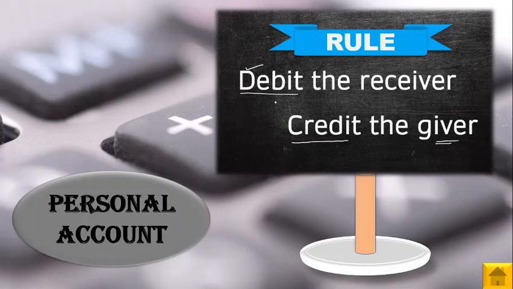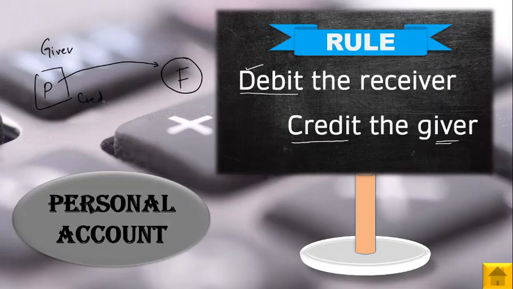So here again, remember always that we always see from the firm's point of view. There are two categories here. One is a firm, another is a person. So if I say this firm has purchased goods from this person, now this person is a giver. Since he is a giver, we are going to credit his account.